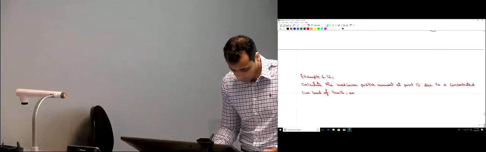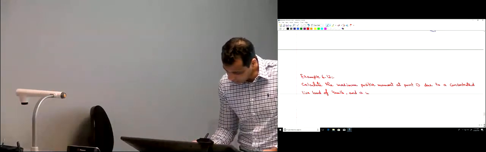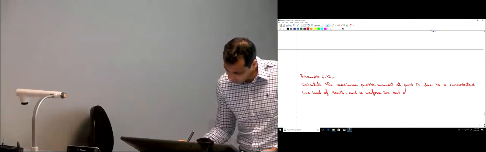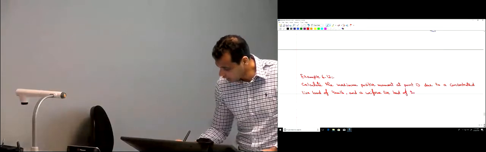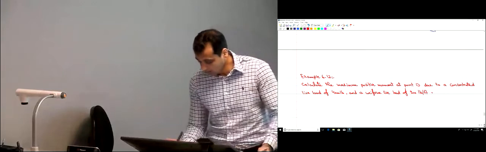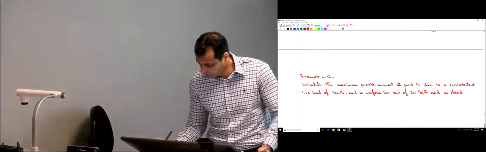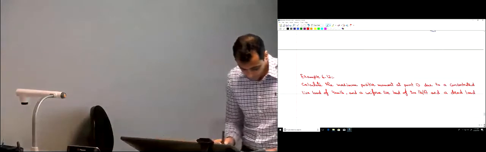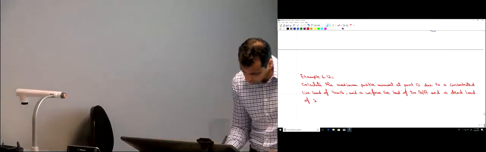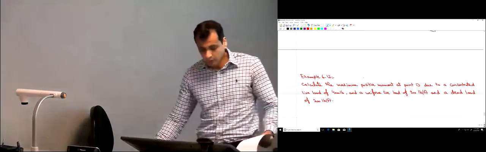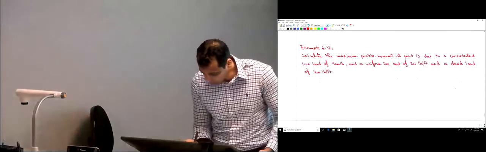and a uniform live load of 300 pounds per foot and a dead load of 200 pounds per foot. We have a beam that looks like this.